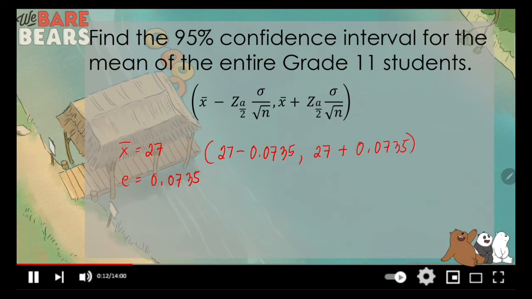Therefore, the lower bound is 26.9265 and the upper bound is 27.0735. This means that the member of the sample will fall within these intervals.